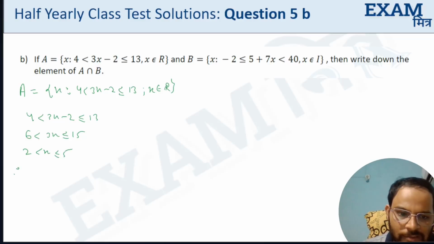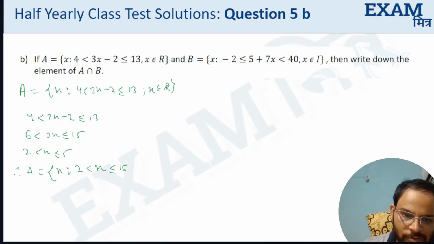So that means A contains all those x such that x lies between 2 and 5, not including 2, and x belongs to real numbers. x is greater than 2 but less than 5.